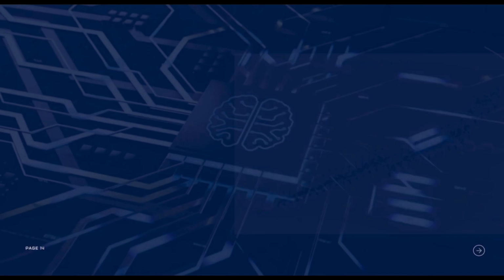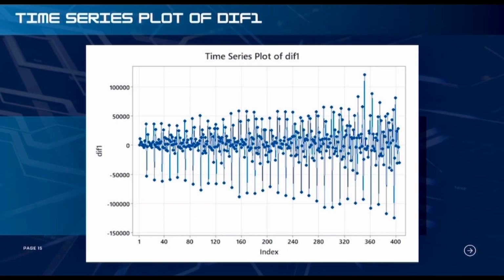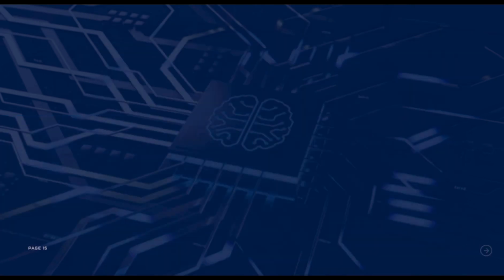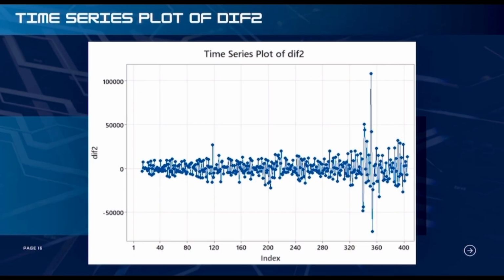So in the first step, we apply the first difference to remove the trend and make the series more stable. You can see that after differencing once, the trend becomes smaller, but the seasonality still remains. So we have to apply a seasonal difference of 12 months.